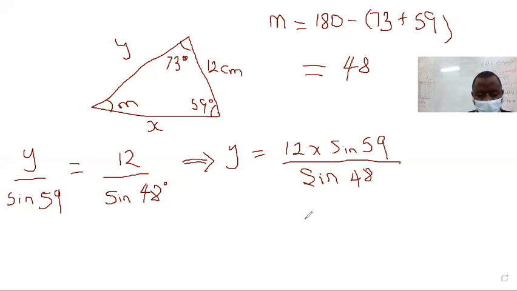So how do we solve that? 12 multiply sine 59 divide sine 48. That is 13.8. So the side is 13.8 centimeters.